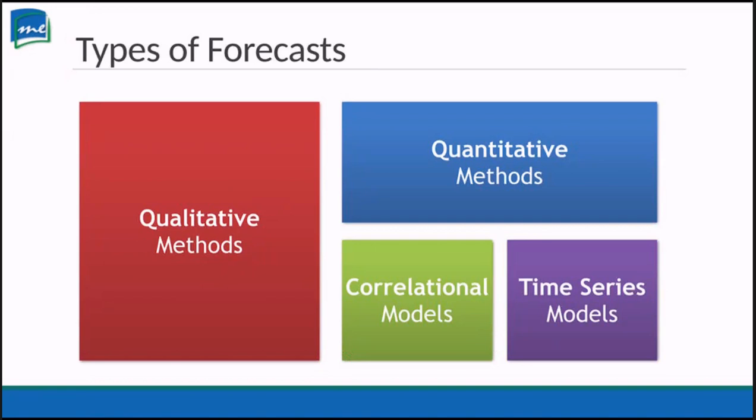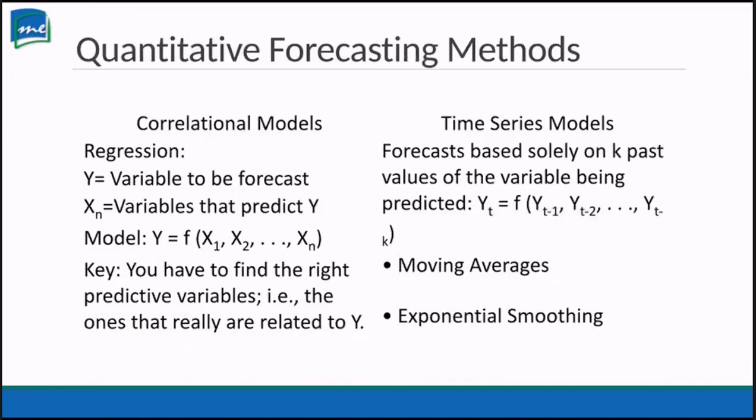Another type of forecasting method is what we call the quantitative methods. For the quantitative methods, we still have two categories. One is called correlational models, while another is called time series models. For the correlational models, a very famous tool we use is regression.